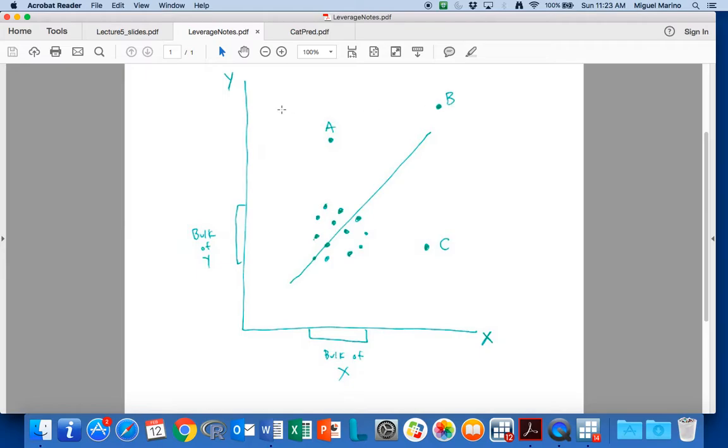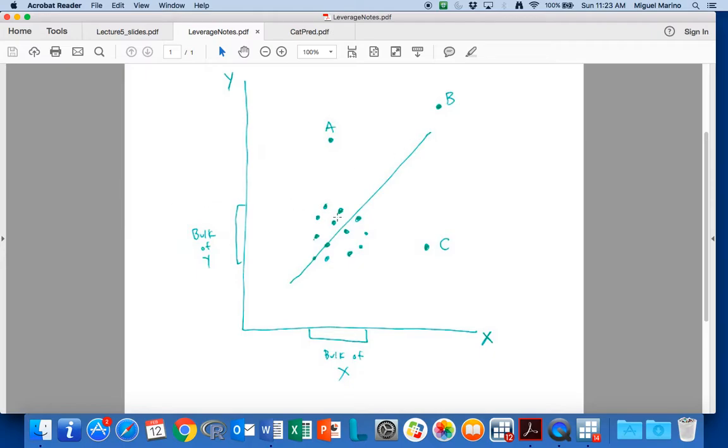If you move it out here, it's going to be outside the bulk of X and Y, and it may cause an inverse relationship, right? So if you have a B here, you may get a line that you're trying to fit this way. So again, outside the bulk of X and Y is problematic if it looks like it may be far away from the regression line.